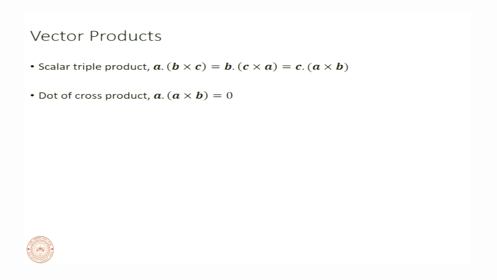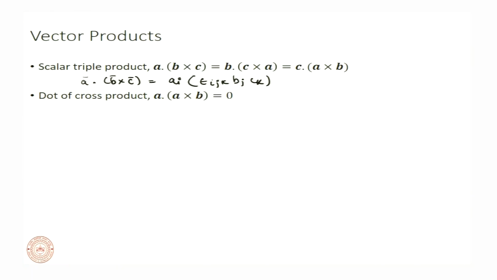We are towards the conclusion of our first lecture, so we will briefly go over some vector products. A vector dot B cross C is equal to B vector dot C cross A is equal to C vector dot A cross B. We can write this in index notation: A dot B cross C is equal to a_i epsilon_ijk b_j c_k.